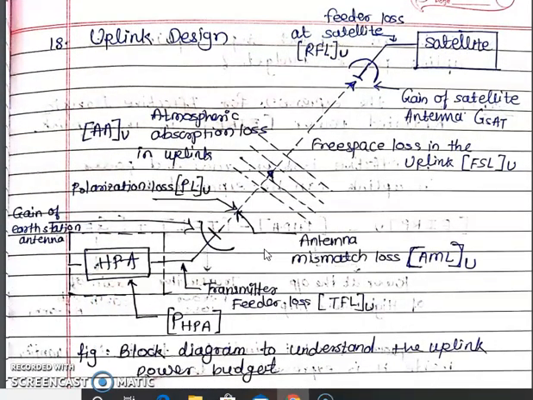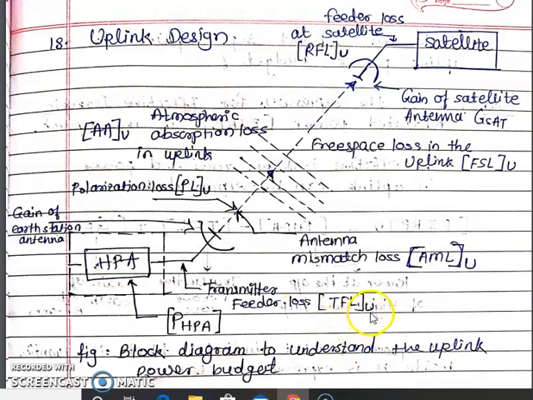Now the uplink, this is the uplink design power budget. The uplink is from the earth station to the satellite antenna. Again from the amplifier to the antenna one cable is connected, so there is the transmitter feeder loss, TFL.